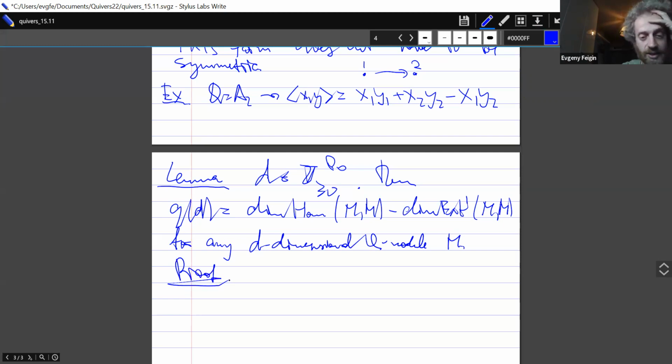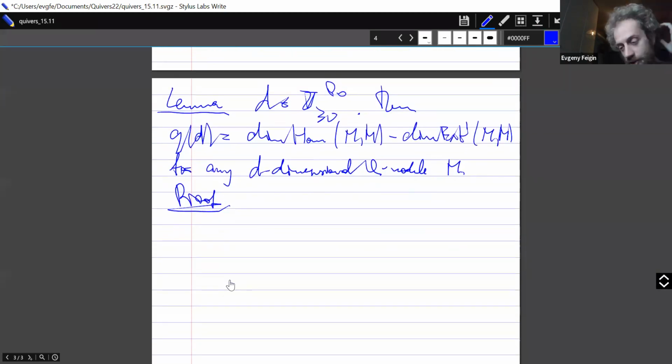However, it does have a relation to the representation theoretical construction, so it can be restated in terms of the dimensions of Hom and Ext spaces.